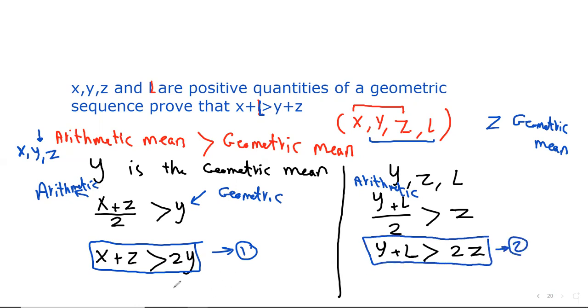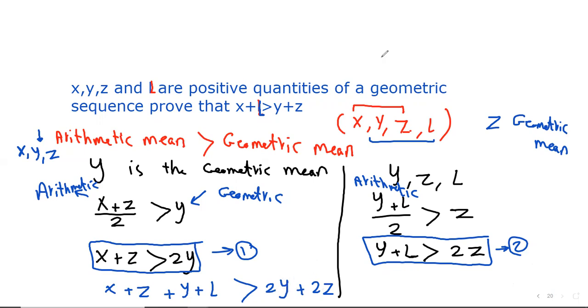Adding 1 and 2, it will be x plus z plus y plus L is greater than 2y plus 2z. Once again, x plus z plus y plus L is greater than 2y plus 2z.